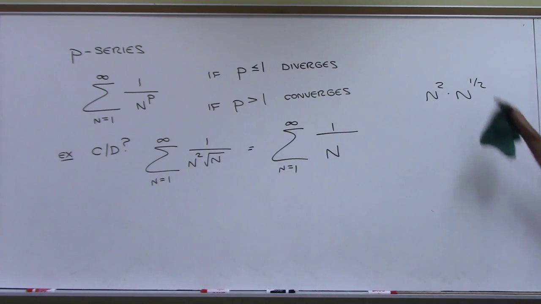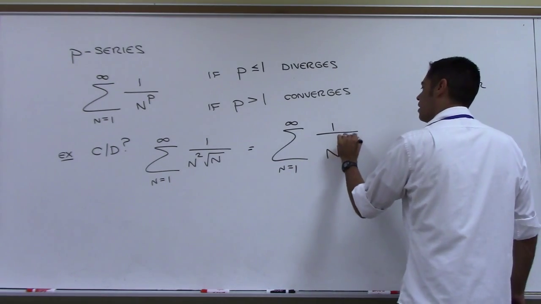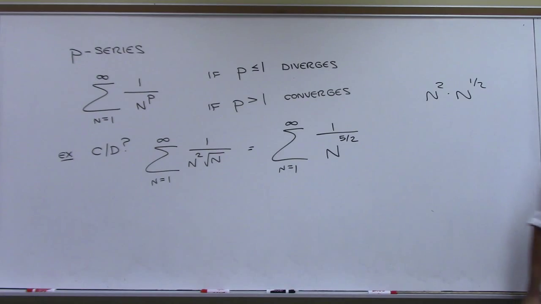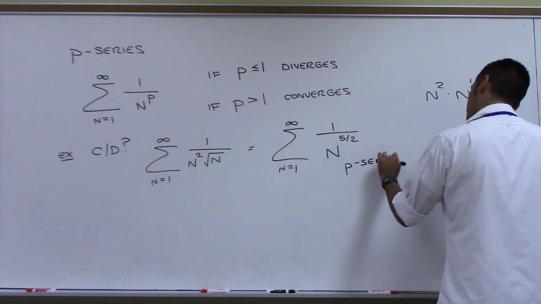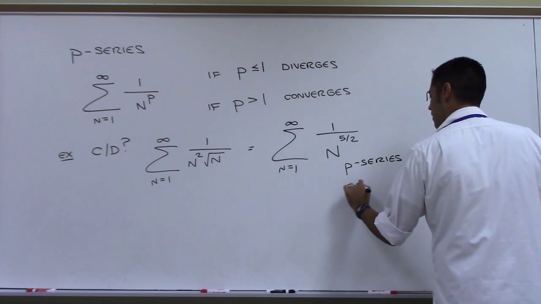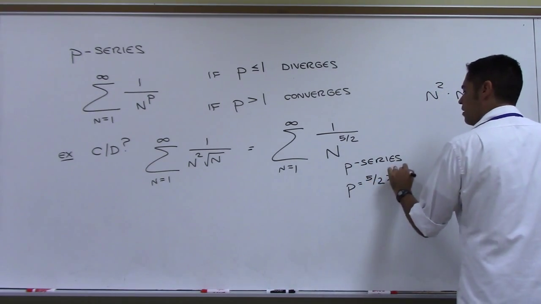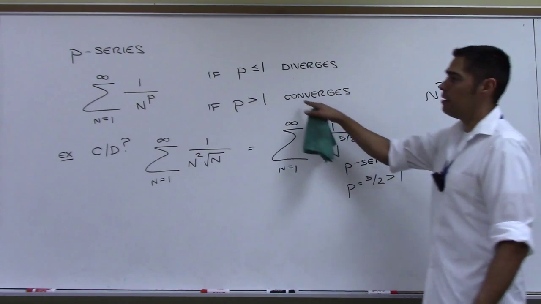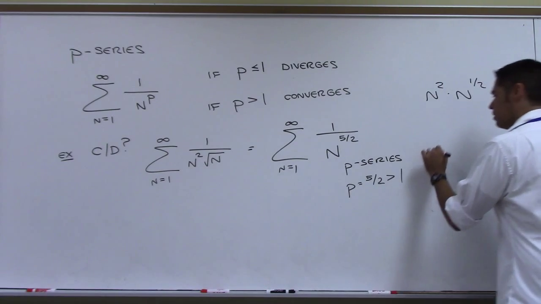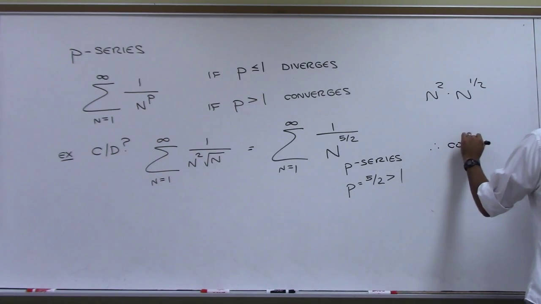So you add the exponents, 2 plus a half, 5 halves. This is n to the 5 halves. And that is a p-series, isn't it? P-series with p being 5 halves, which is greater than 1, isn't it? So the power is greater than 1, and therefore what? It converges. Therefore, it converges.